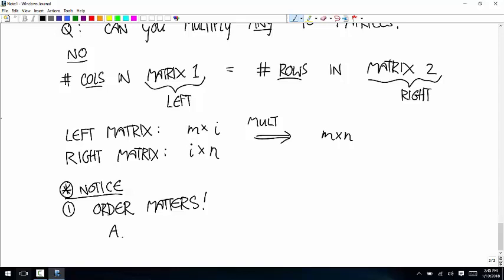The matrix A times B is not equal to the matrix B times A. And if you're not talking about square matrices, there's not even any guarantee that you might be able to multiply them in one order and not even be able to multiply them in the other order.